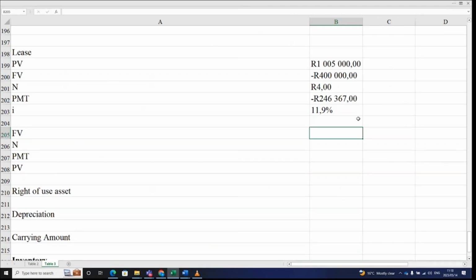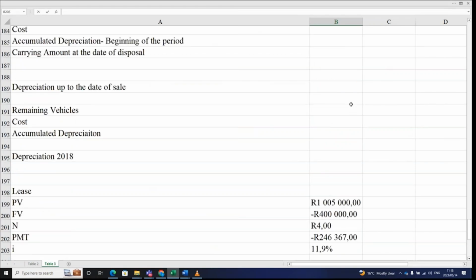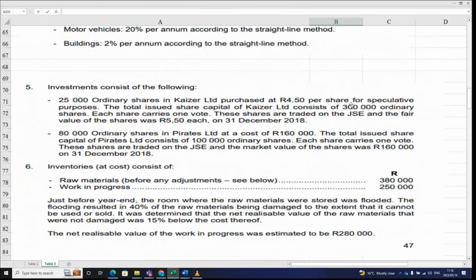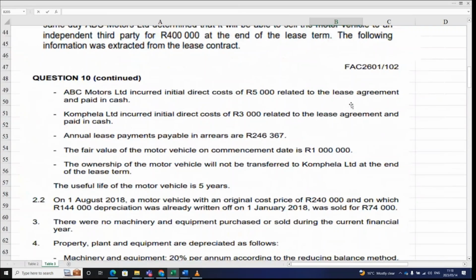In this case, we just have the one expense of 3,000. So we'll put that in there as well. Very important that the future value here is only the guaranteed portion, so this is what Komphela said they're going to guarantee.